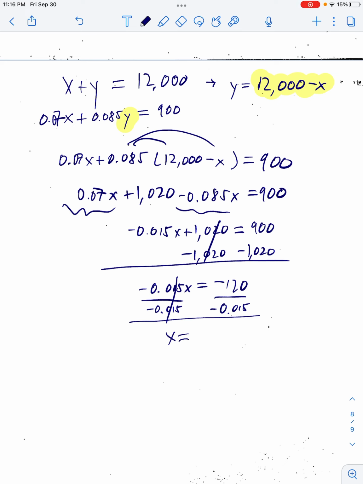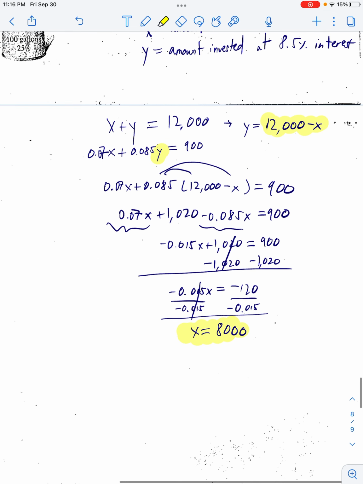We get x equals 8,000. There we go, so there's my x. Then we can take this x and stick it right into here. We get y equals 12,000 minus 8,000, or y equals 4,000. So there's my y.